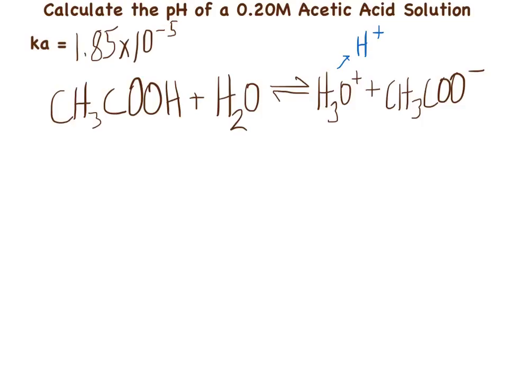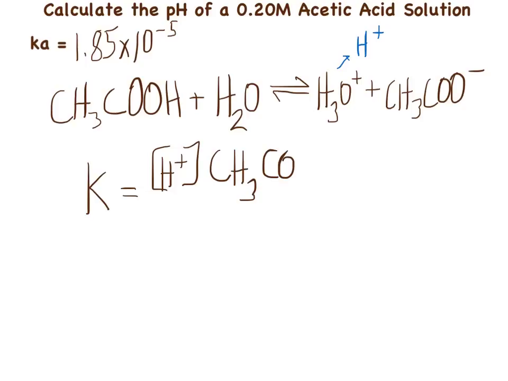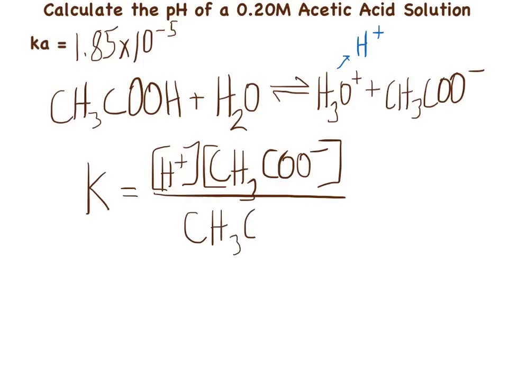So, when you say equilibrium, then we know that we're going to be using that equilibrium constant, which for this one will be H+ times the conjugate base over the acetic acid. Remember, the equilibrium constant is the concentrations of the products over the reactants, of just aqueous solutions and gases.